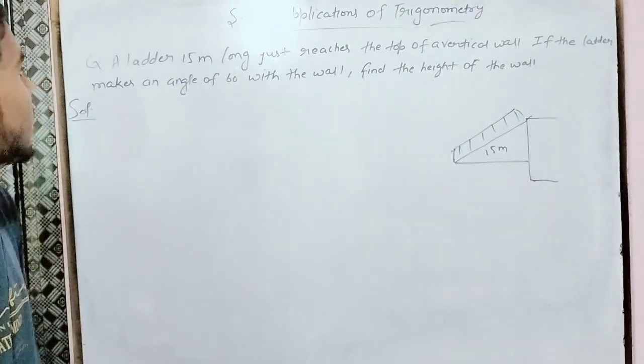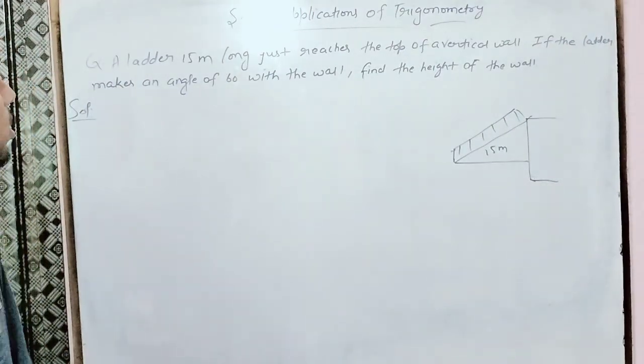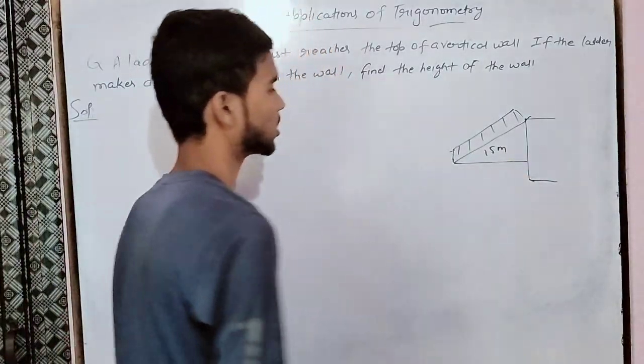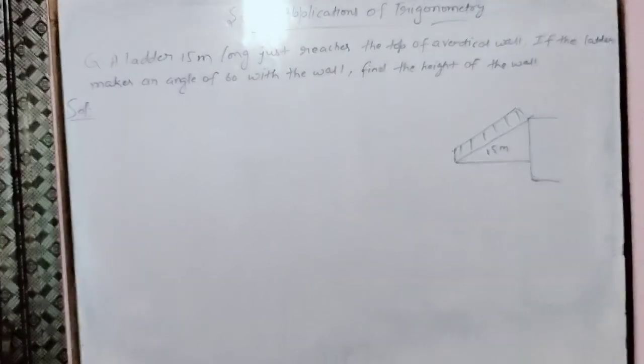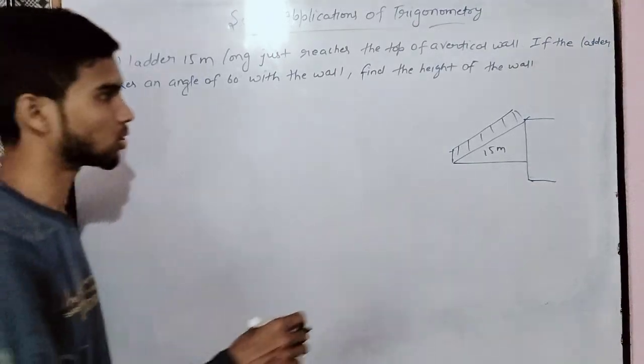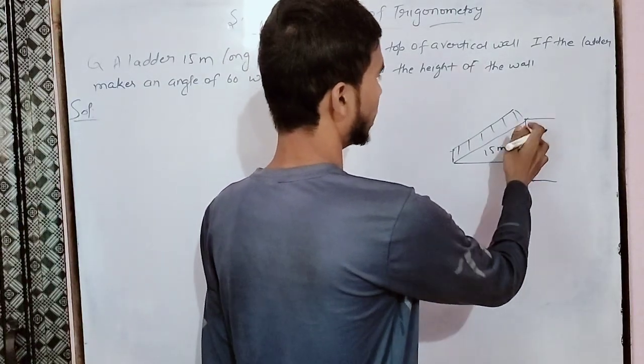So here, the ladder makes an angle of 60 degree with the wall. So this is correct. And here, a ladder with the wall.